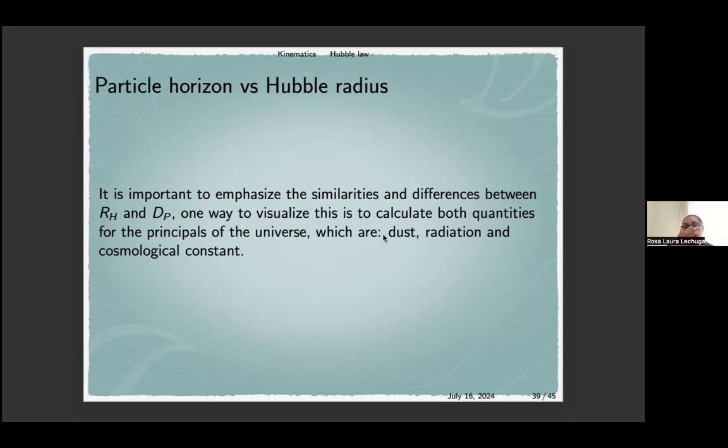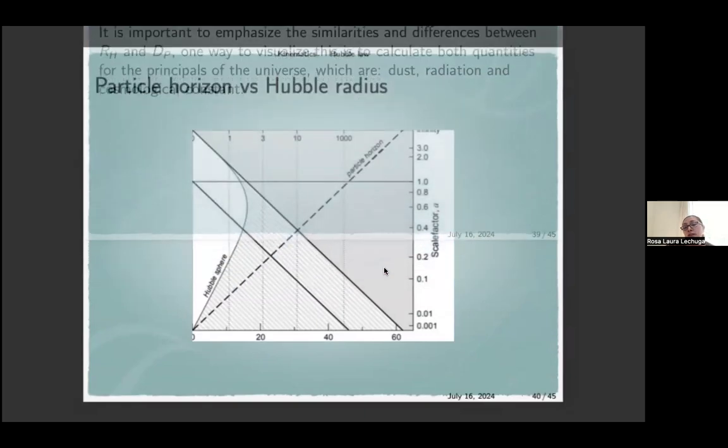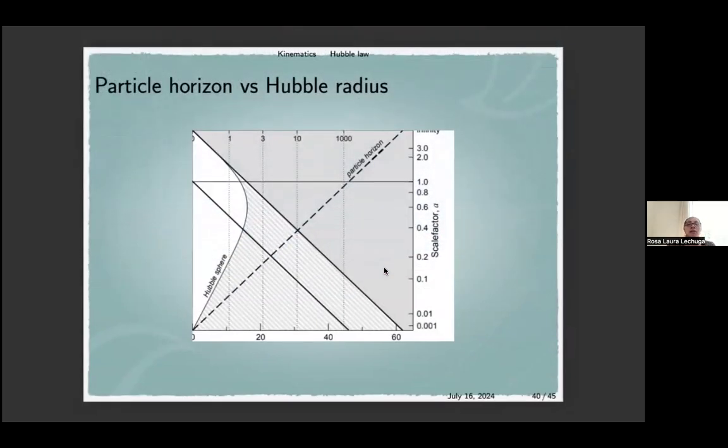At the end, I show you how to compute both quantities. I also show you a picture in which the particle horizon can be thought of as a bigger size than the Hubble sphere, the Hubble radius.